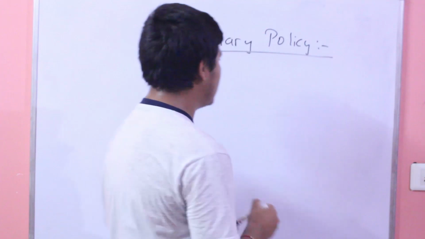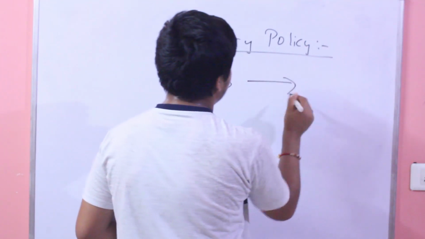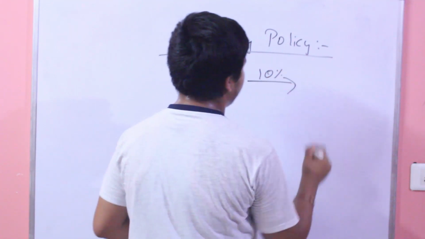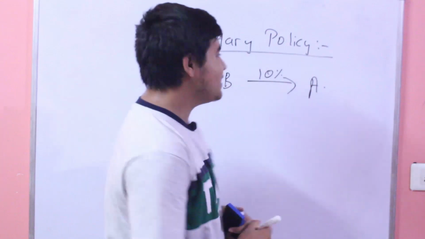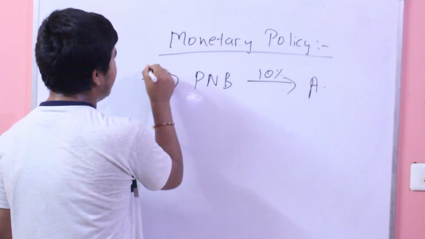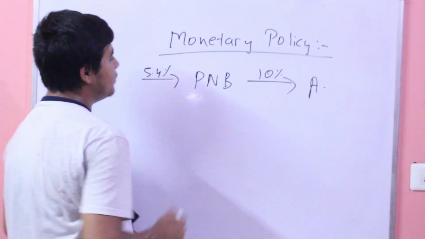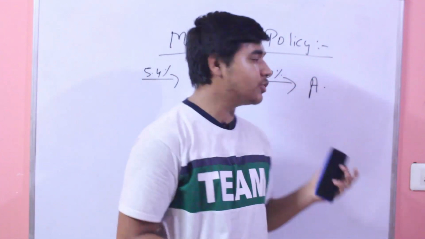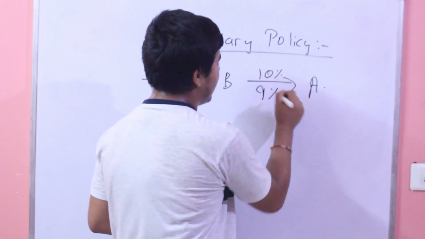Now suppose there is a commercial bank, PNB, and it is giving a home loan at 10% to a person A. Now it has acquired the loan at a much reduced repo rate, that is 5.4%. So it will also decrease its own rate and make it 9%.